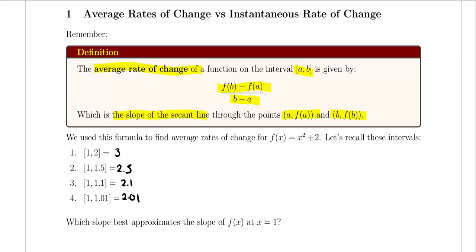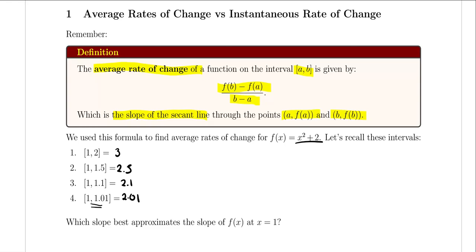Now, if I were to ask you which slope best approximates the slope of f(x) = x squared plus 2 at an x value of 1, remember the trick we were using was to select smaller and smaller intervals between a and b. It seems like the smaller the distance between a and b, the closer our slope got to 2.